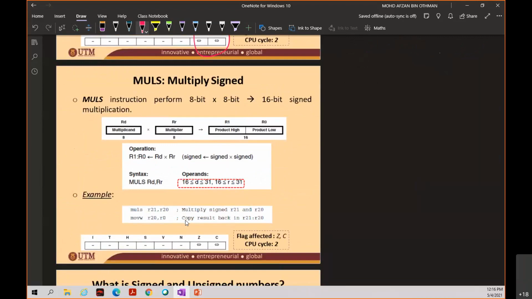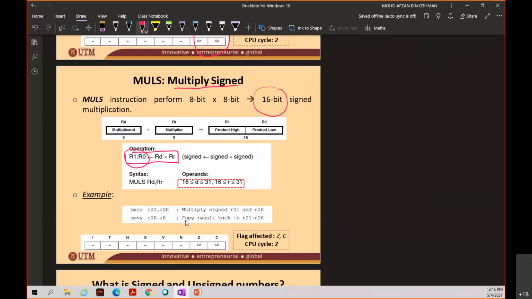MULS stands for multiply signed number. The MULS instruction performs 8-bit multiplied with 8-bit and produces a 16-bit signed number. Again, looking at this operation, RD multiplied with RR, the result will be stored inside R1 and R0. Why? Because it will produce a 16-bit number, and for a 16-bit number you need one pair of registers.